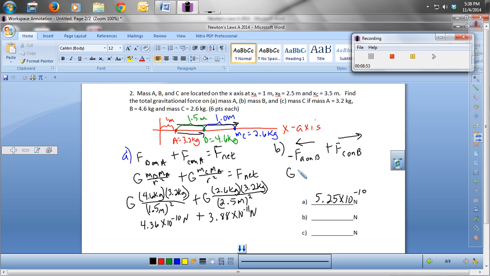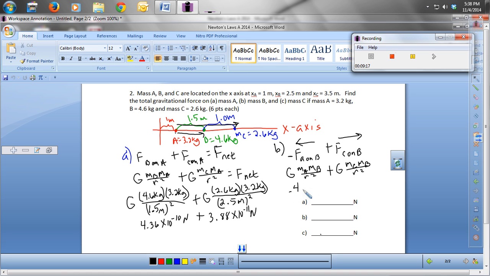So it was big G, mass A, mass B over R squared, plus big G, mass of C, mass of B over R squared. Alright, so we already know the force between A and B because we calculated it when we first did the first problem. So that's my 4.36.